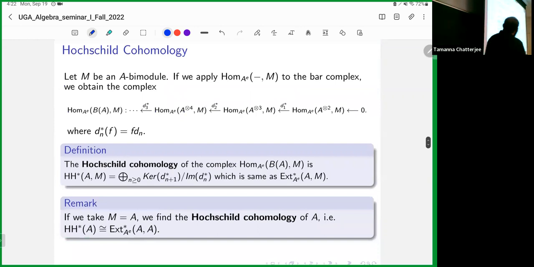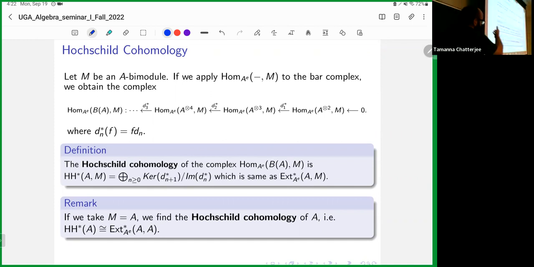And now, finally, we define Hochschild cohomology by applying Hom over A^e to the bar complex, and we get this complex. And in that complex, if you calculate cohomology, it gives you the Hochschild cohomology.